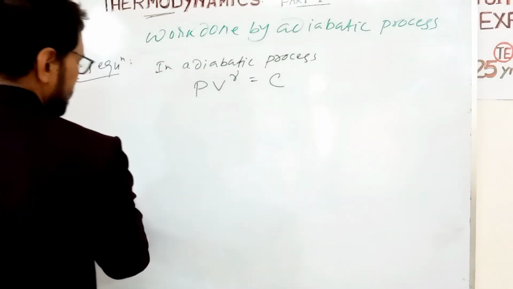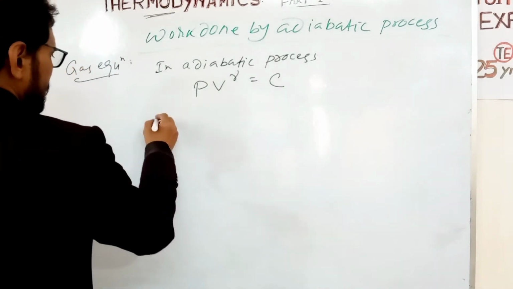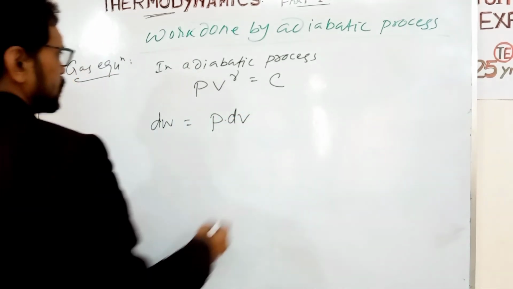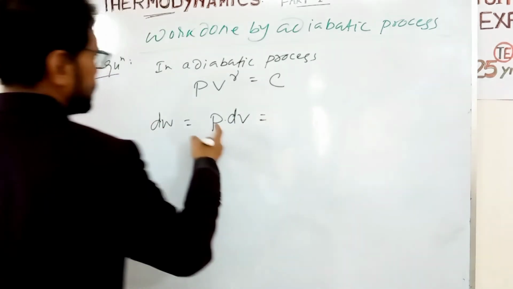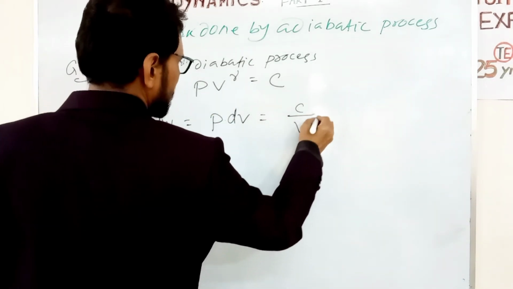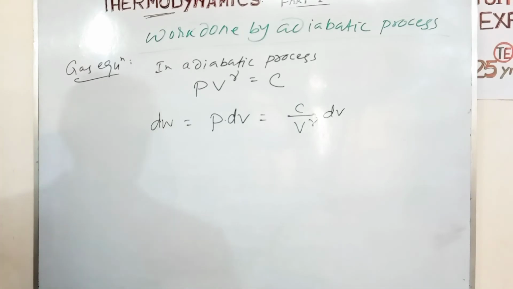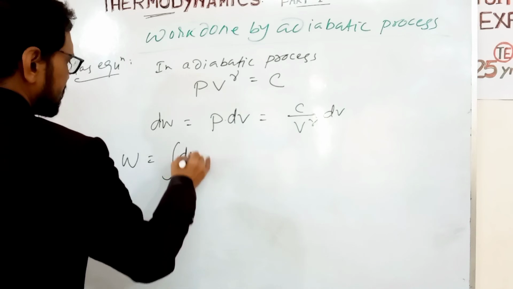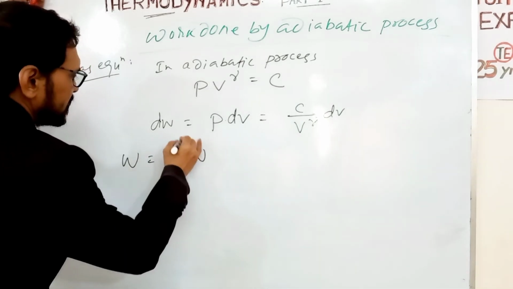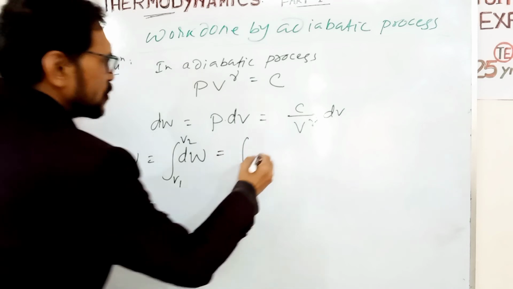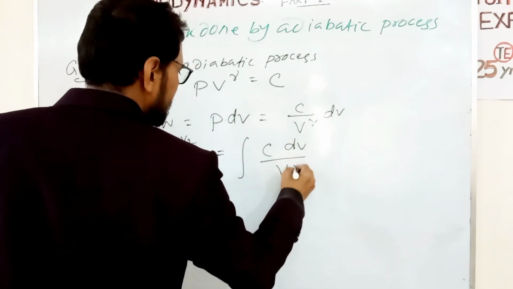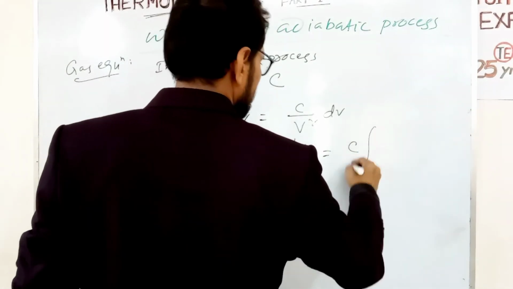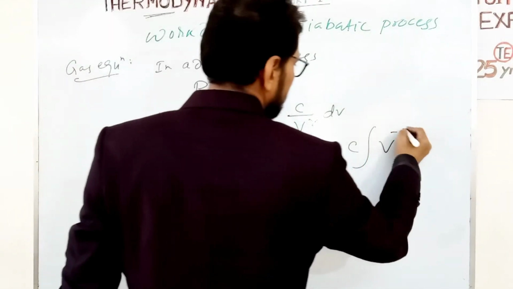So put P equal to C by V to the power gamma in dW equal to P dV. Total work done equal to the integration of dW, as V goes from V1 to V2. So dW equal to C dV by V to the power gamma, that is C V to the power minus gamma dV.